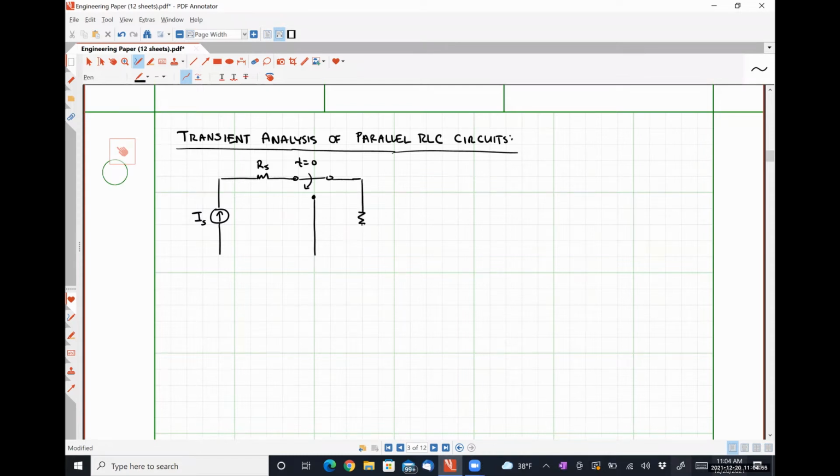Here I will have some resistor R, some inductance L, and some capacitance C.